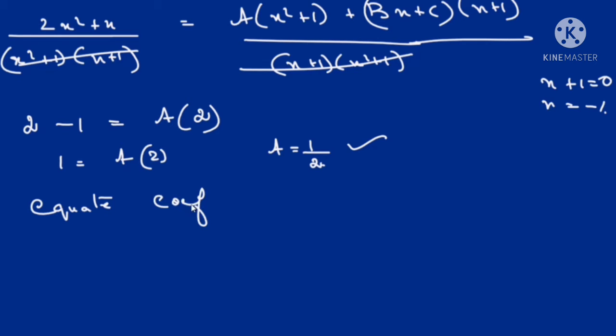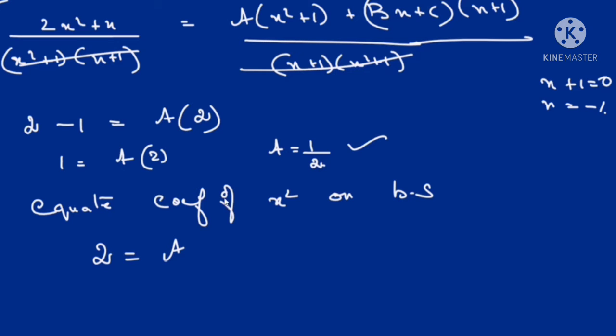Equate the coefficient of x square on both the sides. So you have here 2. The coefficient of x square is 2 and that side is a plus b. Isn't it? A is half plus b. So b is 3 by 2.